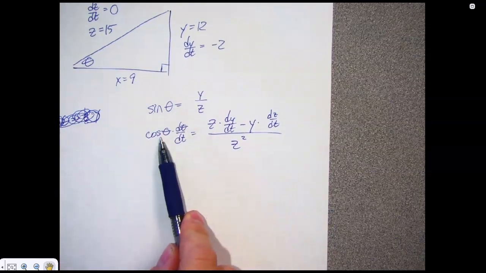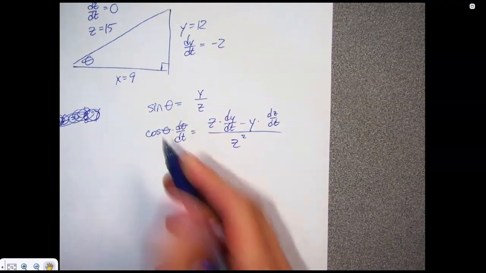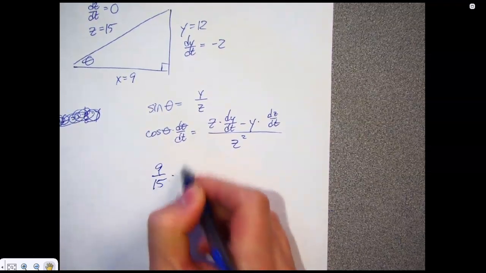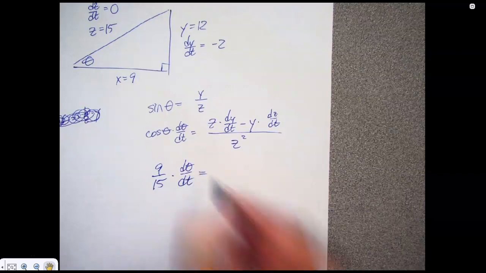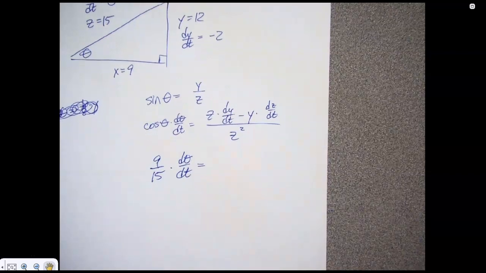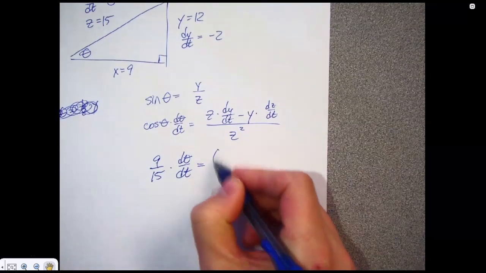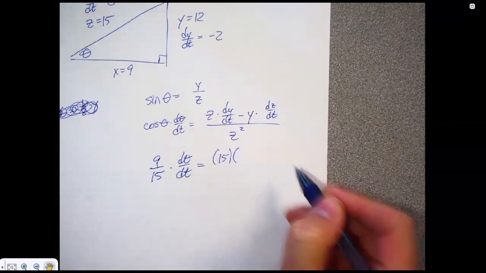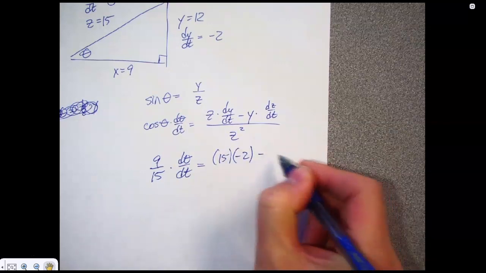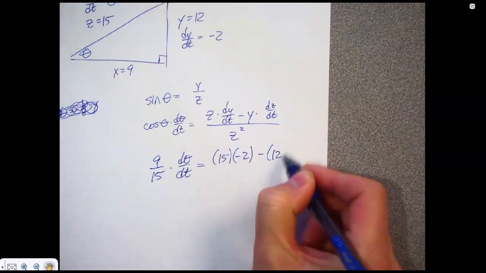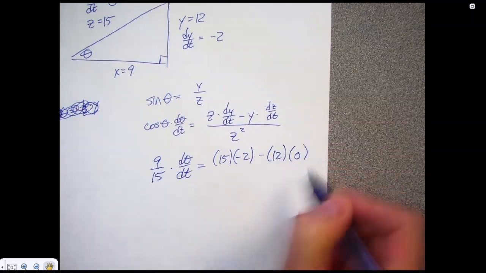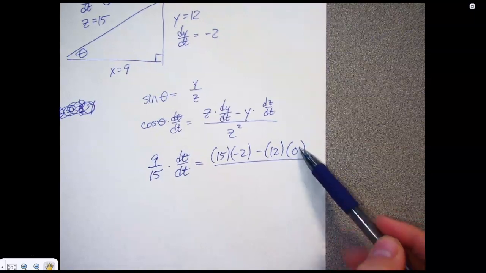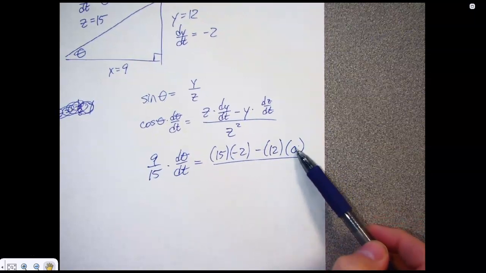So what's cosine of theta? 9/15 times d theta over dt. And then z is 15, dy dt is -2, y is 12, dz dt is 0. This is where Josh is saying the quotient rule doesn't really matter because this part is 0 anyway.